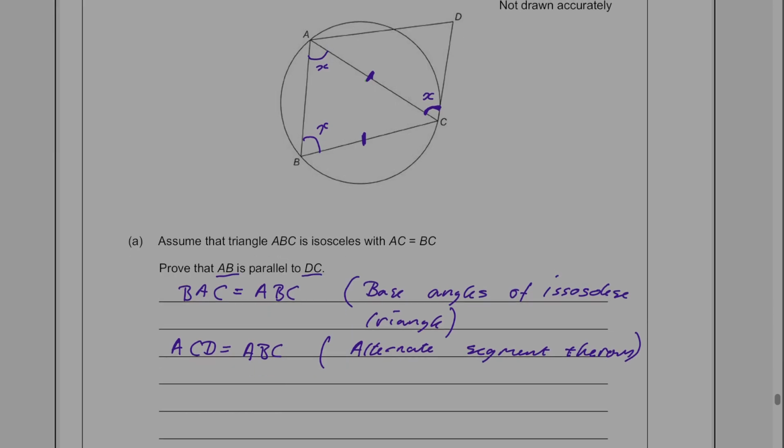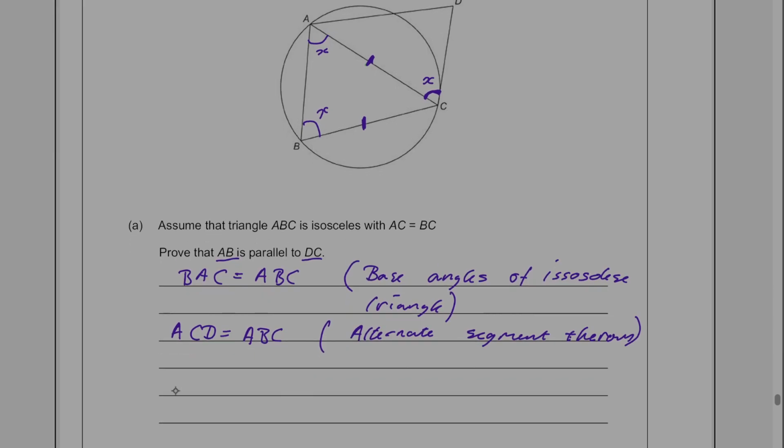And then you can kind of work backwards from this. So you can actually state that BAC must be equal to ACD.